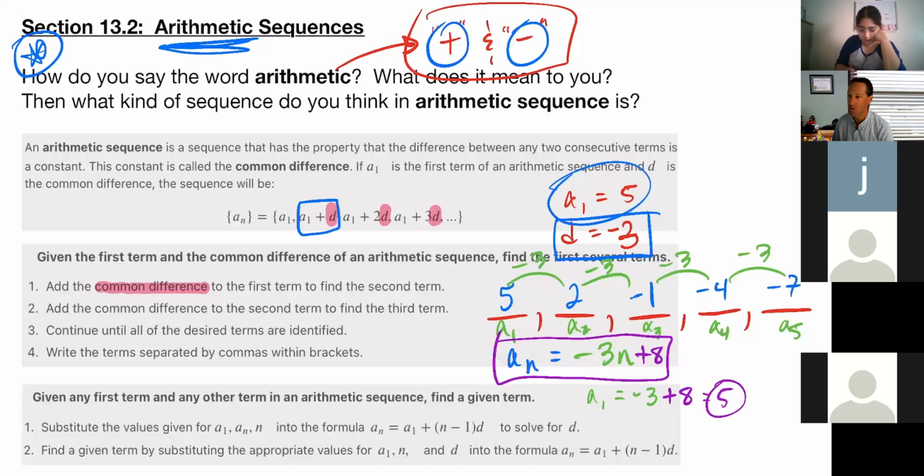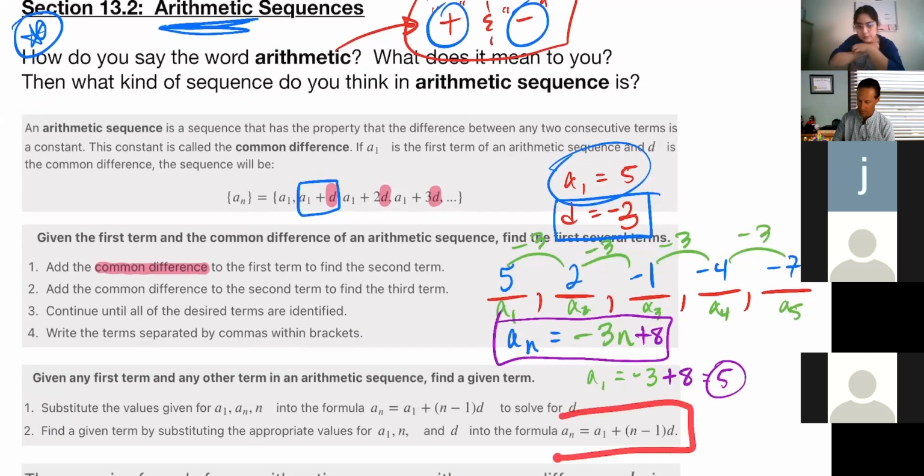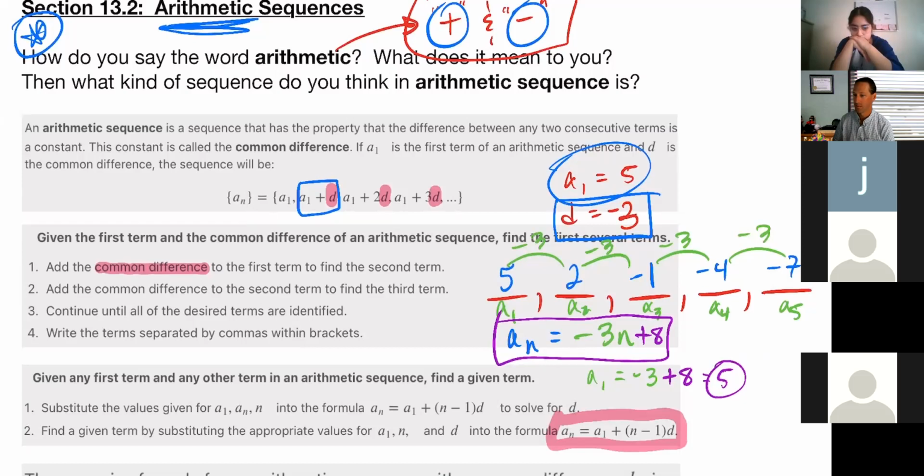Even better news, if you don't quite understand that, they have a formula for you that will always work. And it says all you got to do to find any term is know the first term and the common difference.